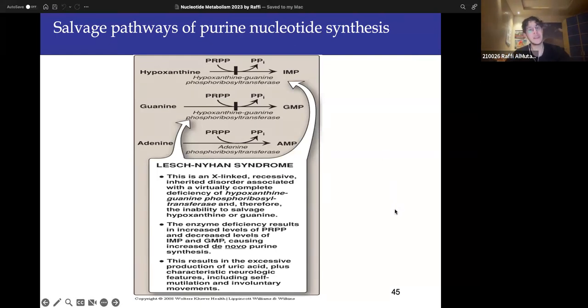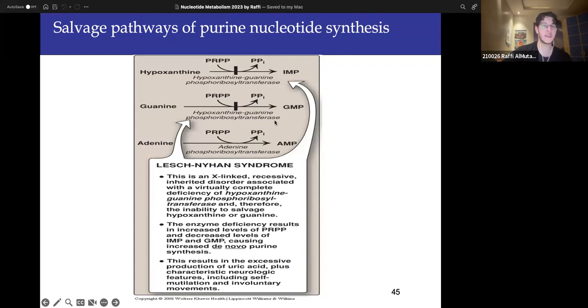Can someone remind me, what does HGPRT do? What pathway do we use HGPRT in, and what does it convert into what? Salvage. And what does it convert? Guanine and hypoxanthine salvage, yes, into GMP and IMP. So that's what they're responsible for doing.